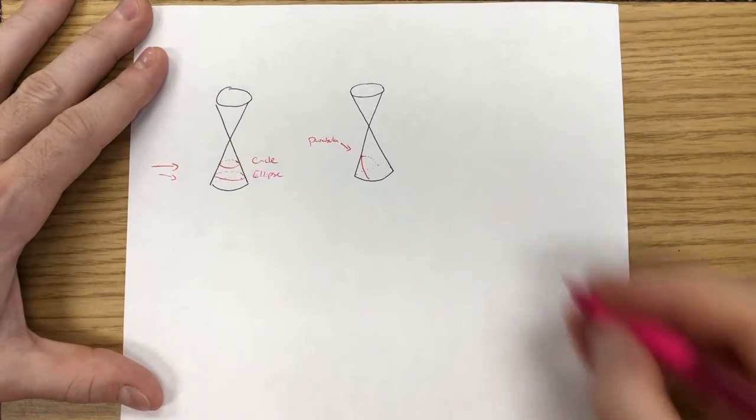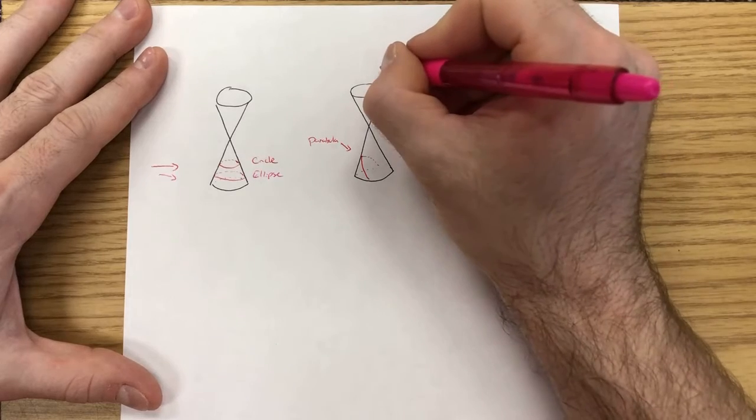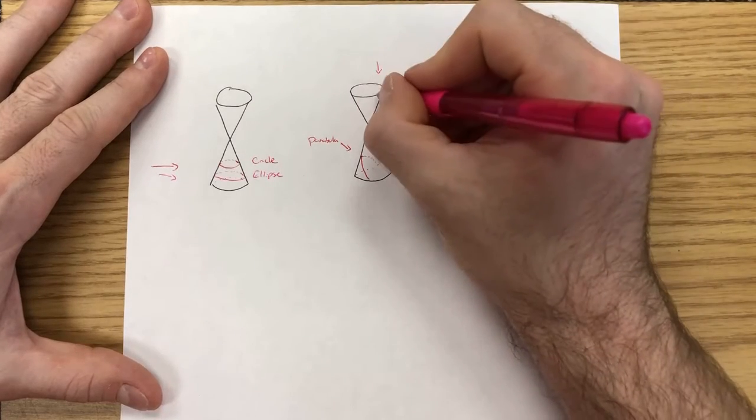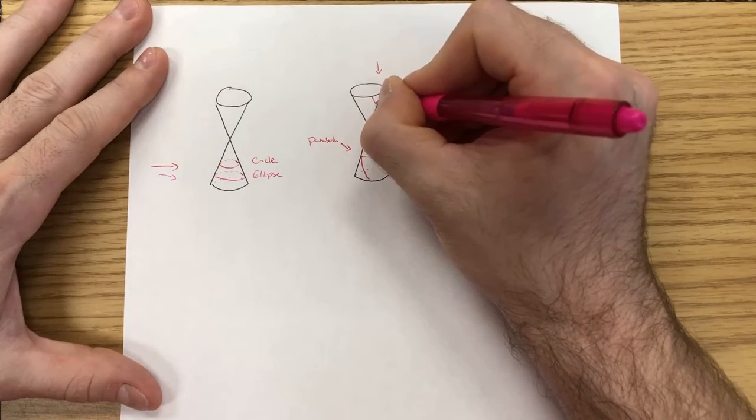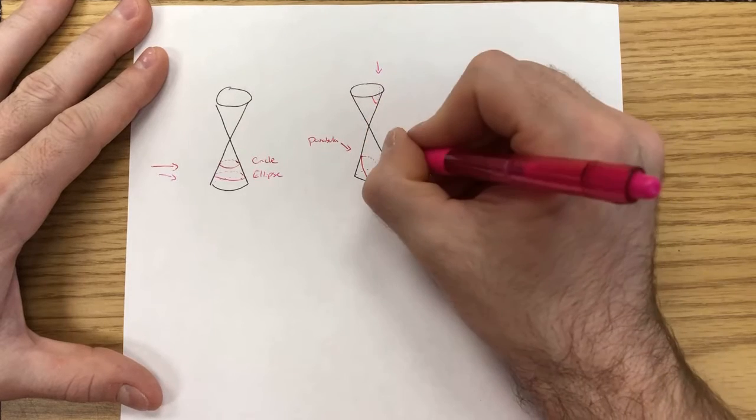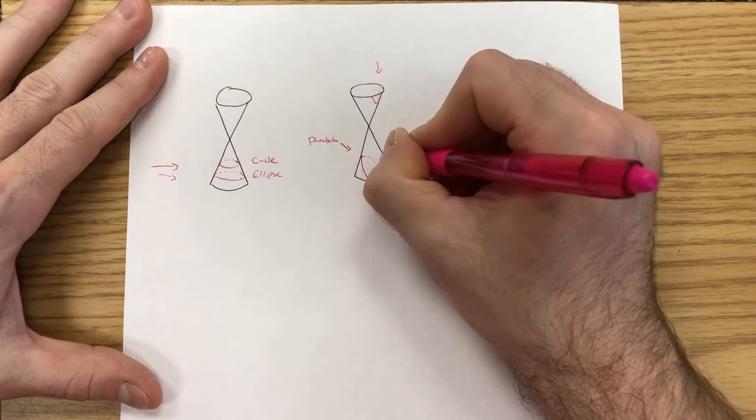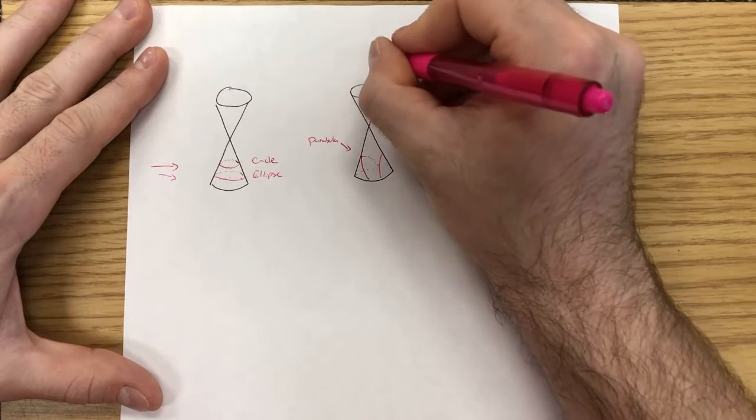And if I cut it very, very extreme, if I cut it from the top and from the bottom, I end up creating what we call a hyperbola.